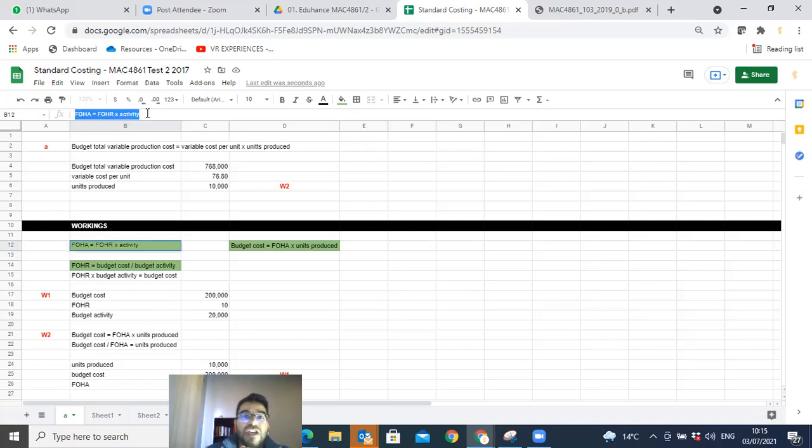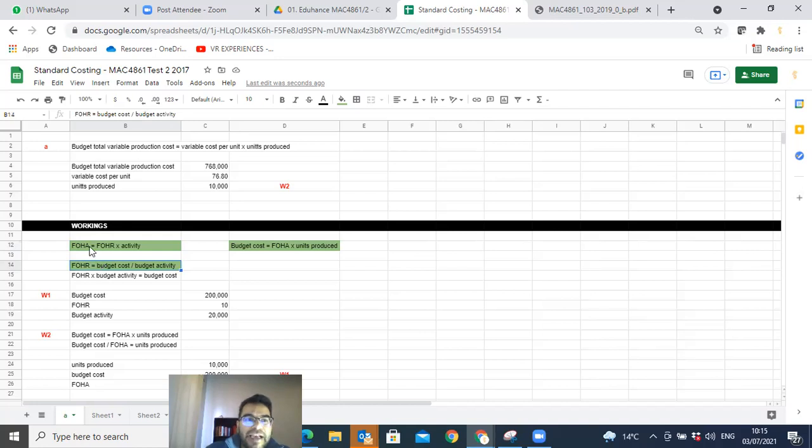They gave us the fixed overhead applied, which was 20 Rand. They gave us a fixed overhead rate, which was 10 Rand per hour. They gave us the budgeted activity, which is 20,000, which was 2. So 2 times the overhead rate of 10 Rand gave us a fixed overhead applied of 20 Rand per unit.